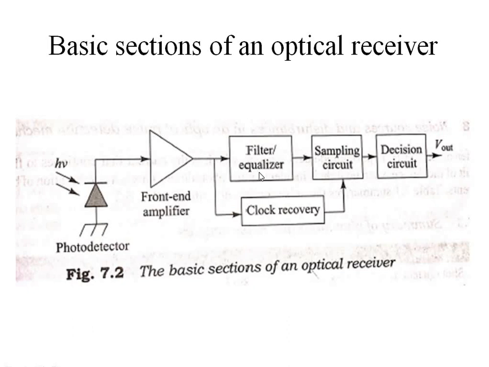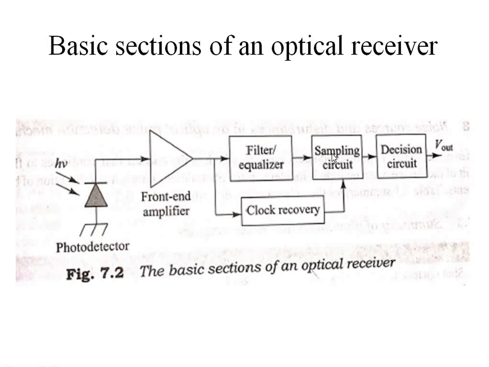This filter minimizes the effects of inter-symbol interference, and it also reshapes the pulses that have become distorted as they have traveled through the fiber. This function is called equalization because it equalizes or cancels pulse spreading effects.